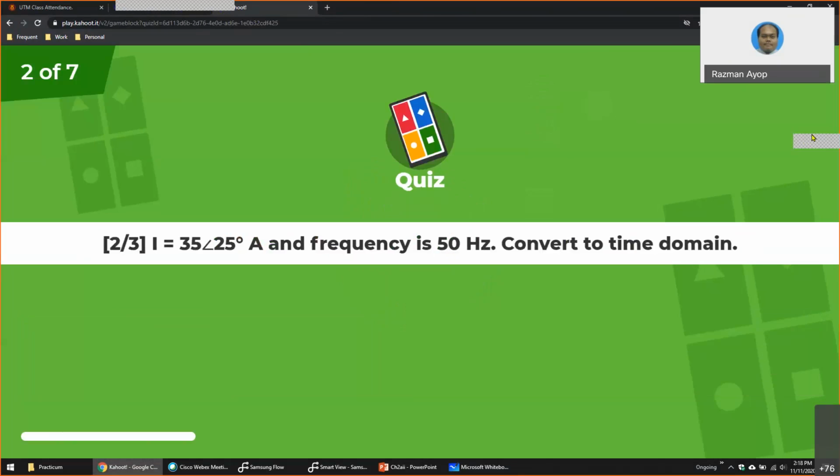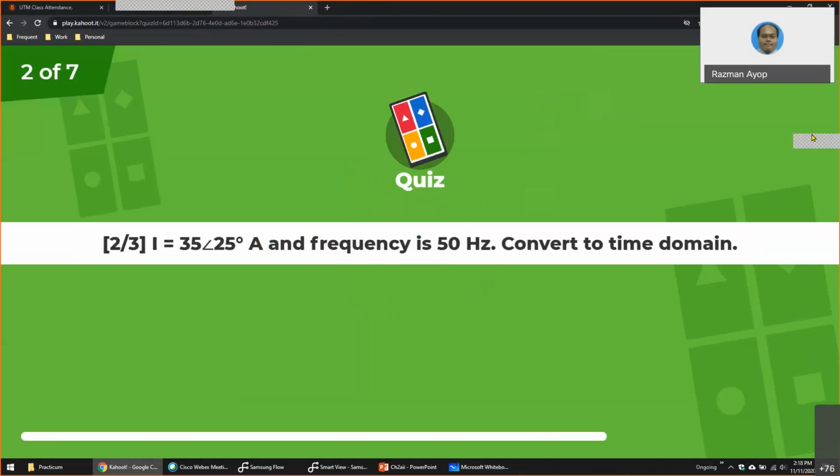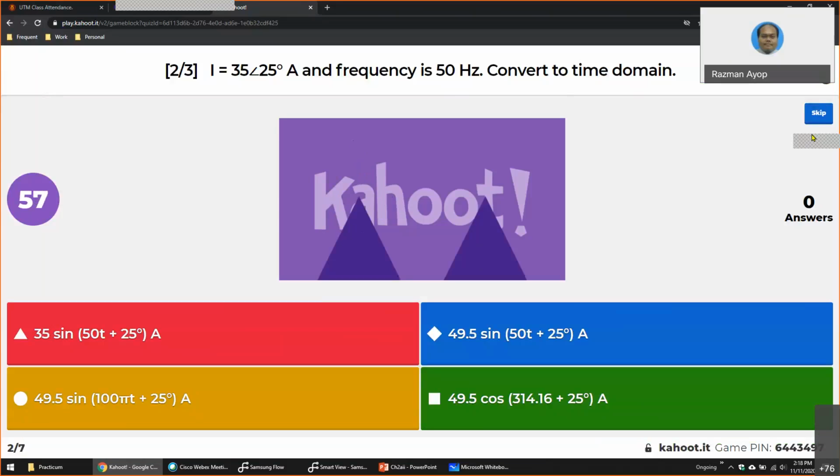Next question, also the same, convert to time domain. So this one is flipping back. Remember, angular frequency w is 2 pi multiplied by frequency f. You have 40 seconds.